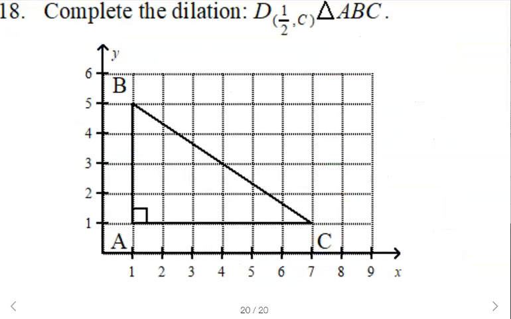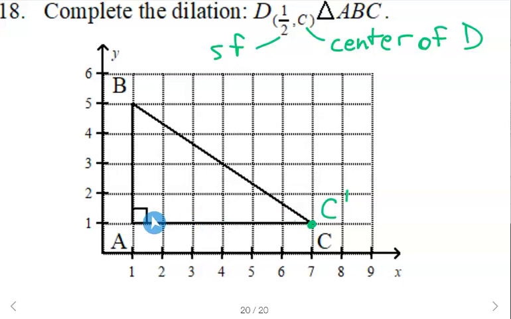Dilation by a scale factor of 1/2, and the center of dilation is at C. Okay, so we got our scale factor here of 1/2, the center of dilation at C. So C prime is going to be in the same spot.